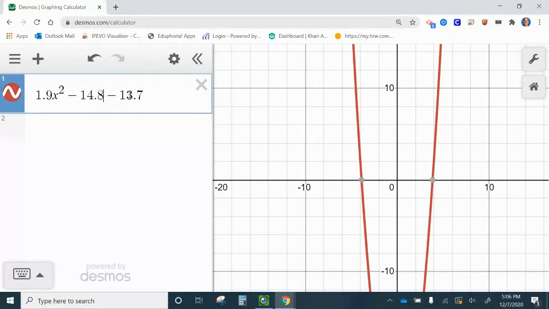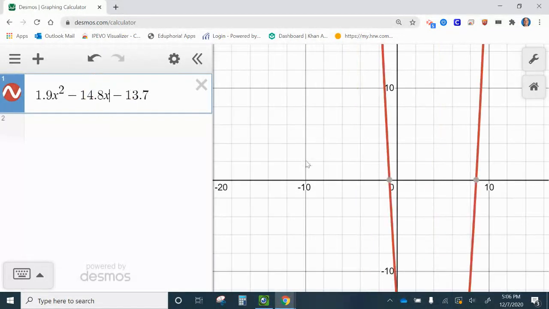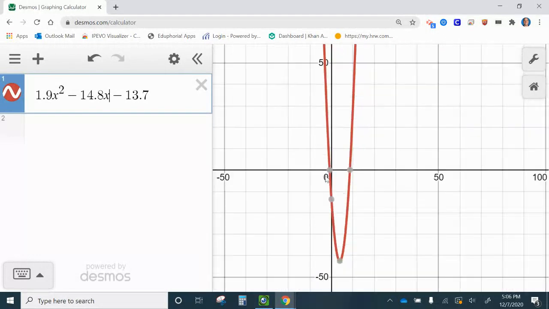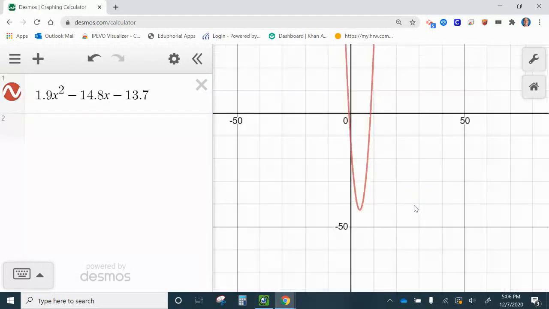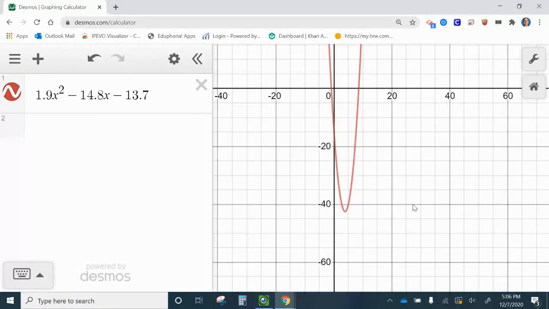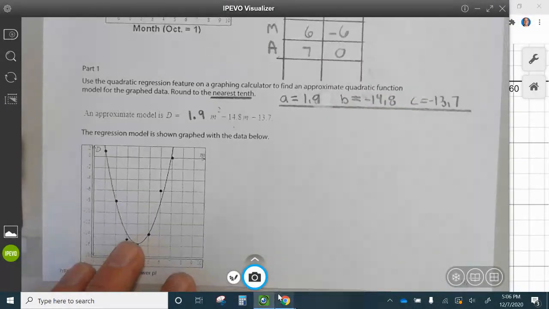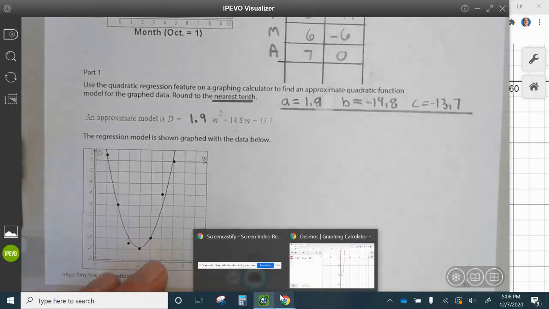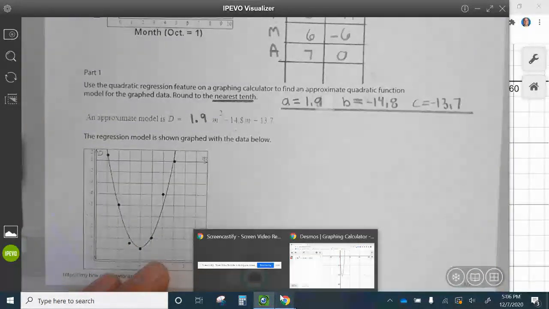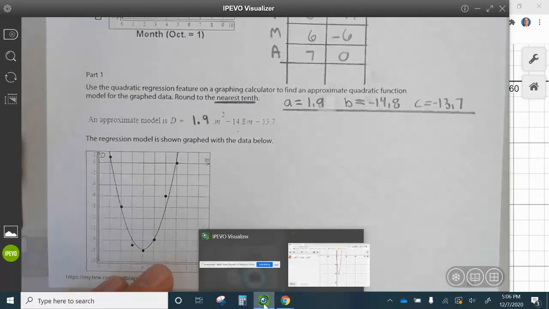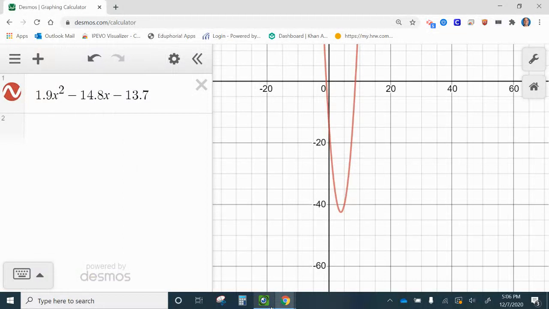Oh, forgot an X right there. There we go. Now, when you zoom out here, let me make sure we have the value right there. Yep. So you can see that that graph matches the graph on the calculator or on the paper, and we are good.